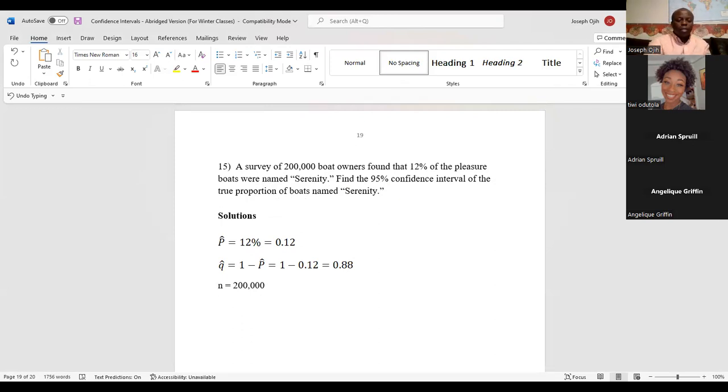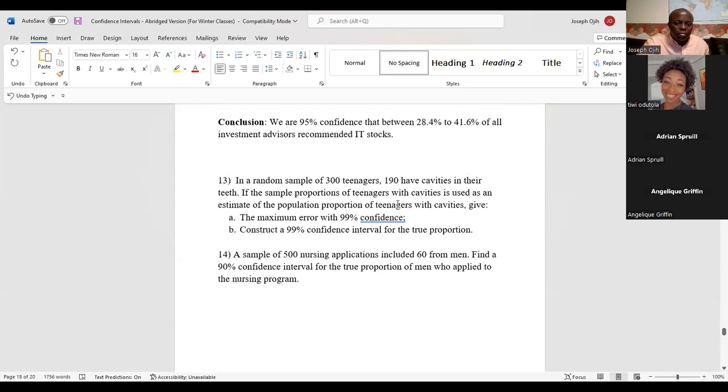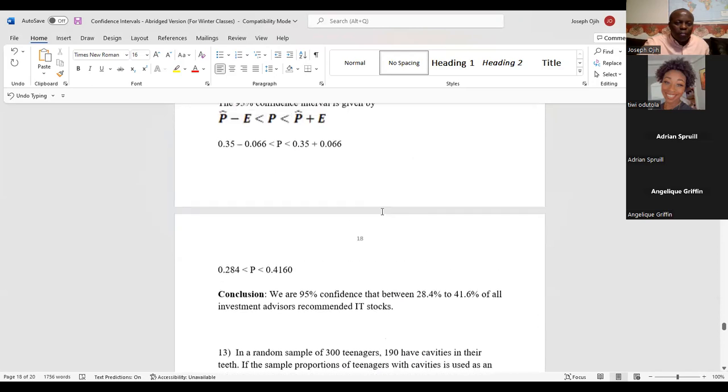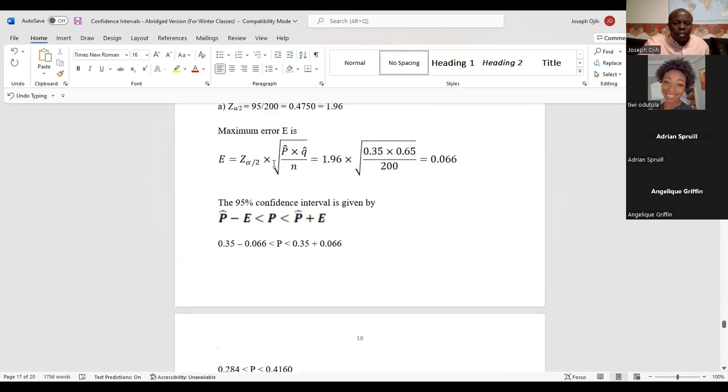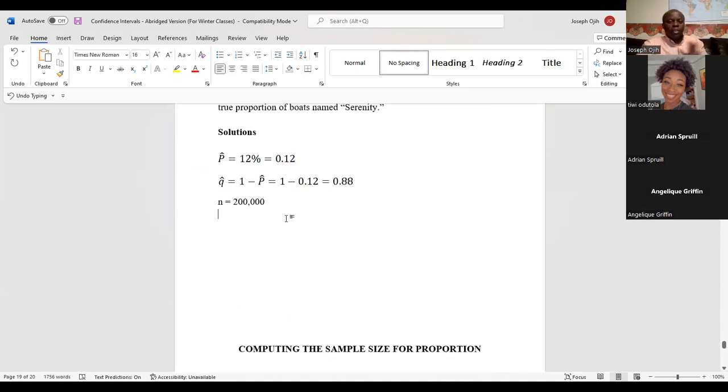Now, what else do we need? Because they asked us to find the confidence interval, let's find the error margin. Remember the formula for error margin is right here. So I'll write the numbers down, and we can put it in the other workbook so that we get the formula with the numbers added.